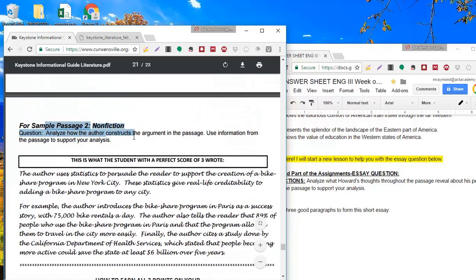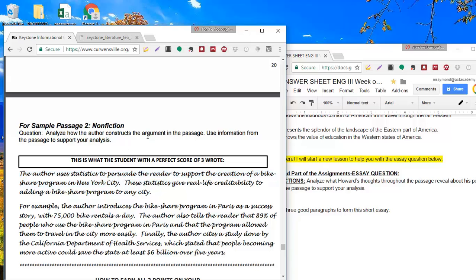Analyze how the author constructs the argument in the passage. Use information from the passage to support your analysis. The author uses statistics to persuade the reader to support the creation of a bike share program in New York City. So the argument is to support the creation of a bike share program in New York City.